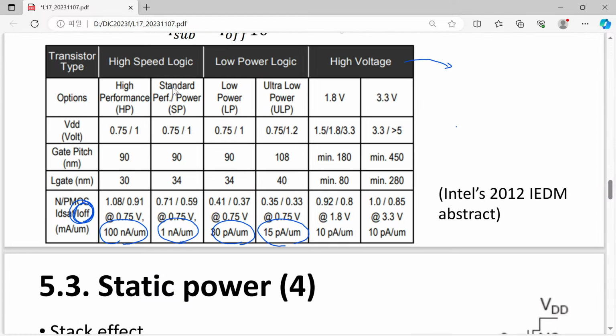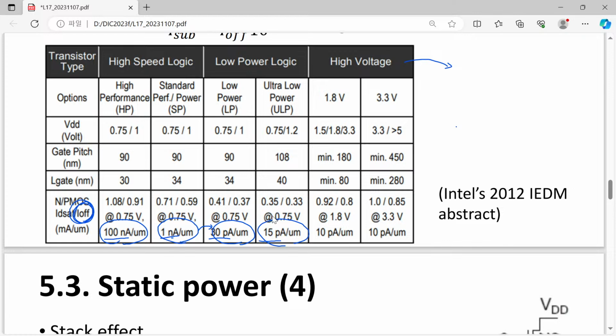In this case we have four different devices, and their off current options are given here: 100 nanoamp or 1 nanoamp. So this is quite small, and we can find even smaller, 30 picoamp or 15 picoamp.